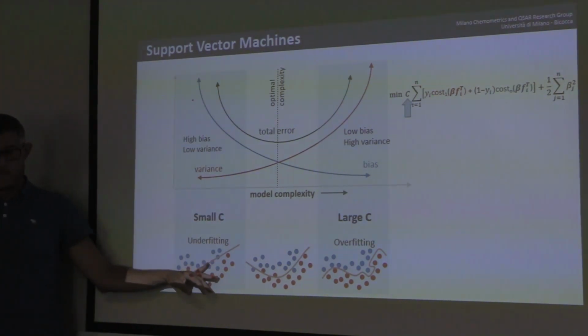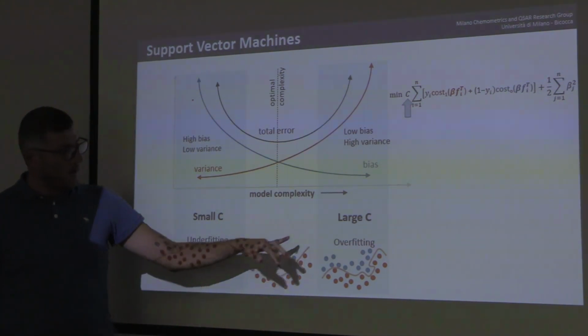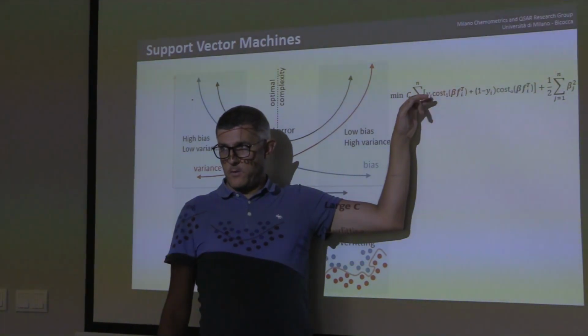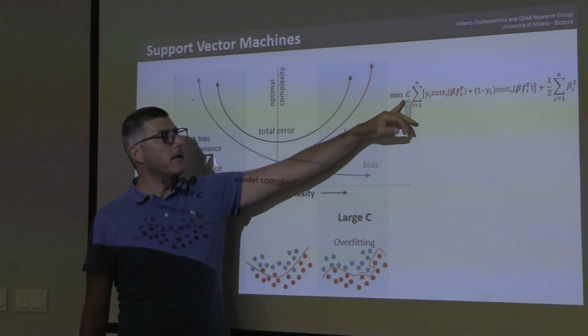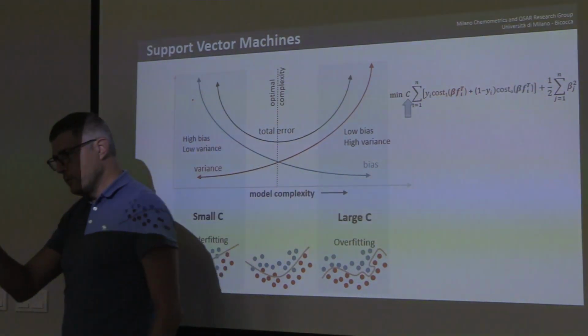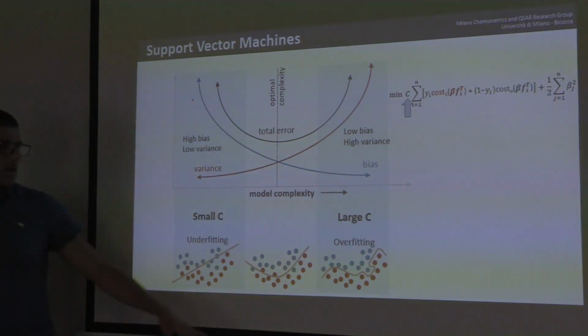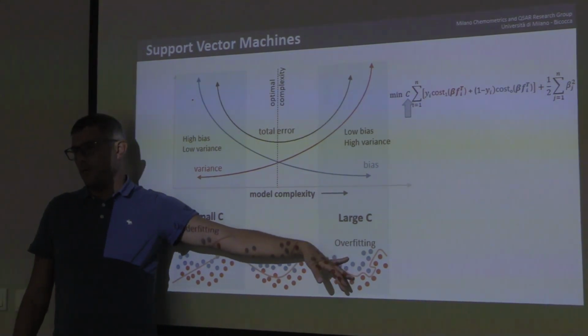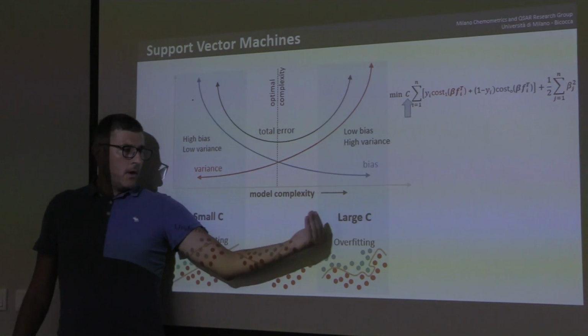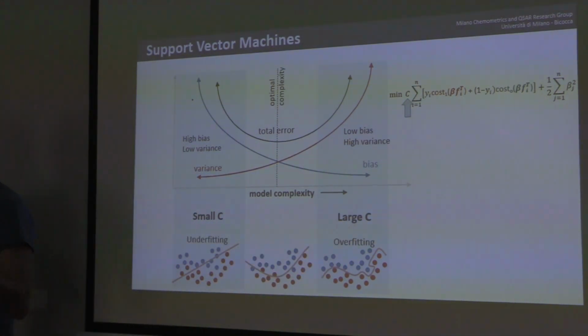While the opposite, if you use a large C value, do you remember, a very high C means we have to reduce this stuff, and so we have to reduce the margin, which may lead you to overfitting. So this is the effect of changing the C, the cost, when you optimize a support vector machine.